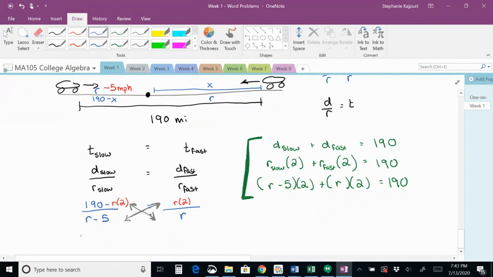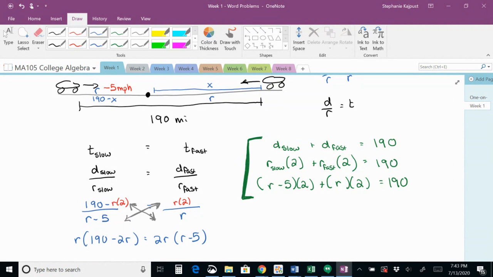So if I actually wrote that, you would have r times 190 minus 2r equals 2r times r minus 5. Oh, you're going to get into a really nasty thing here. You're going to get into a quadratic, which isn't even something that you've learned about yet. It's definitely solvable in this way, but you guys haven't learned those techniques yet.